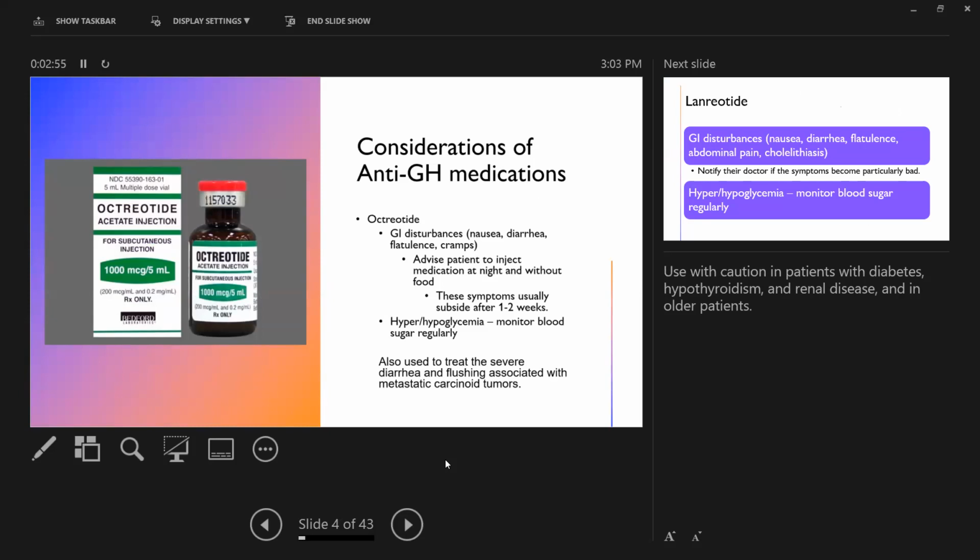The other issue with these drugs is a disruption of blood sugar. So you need to monitor the blood sugar regularly. Octreotide is also used to treat severe diarrhea and flushing associated with metastatic carcinoid tumors. That's the other use for octreotide.